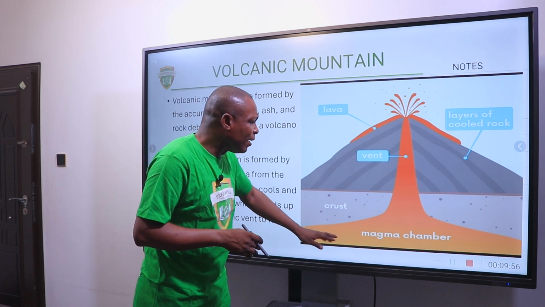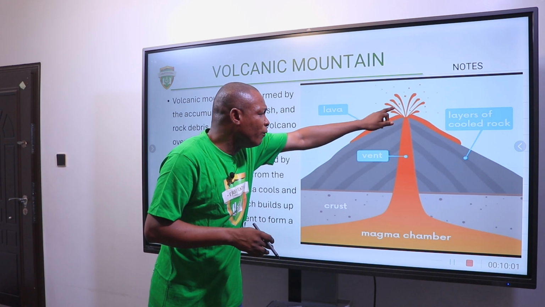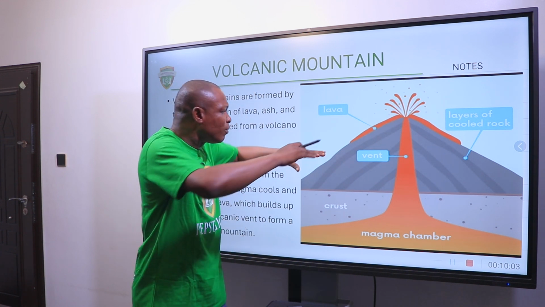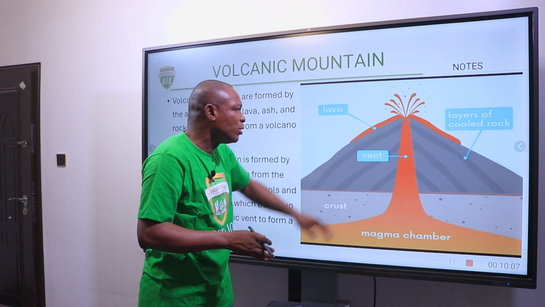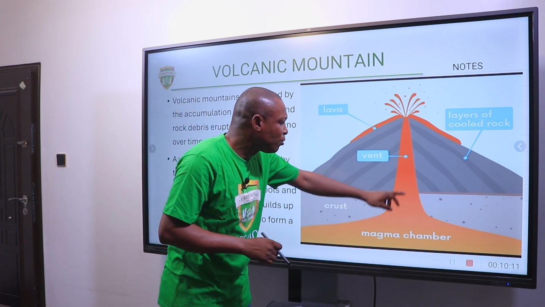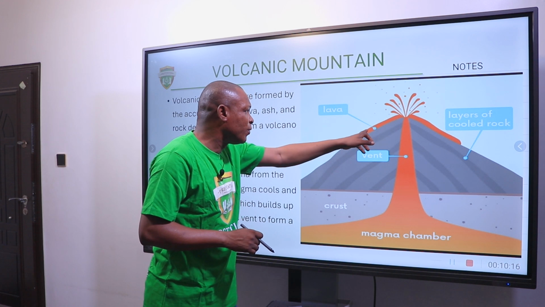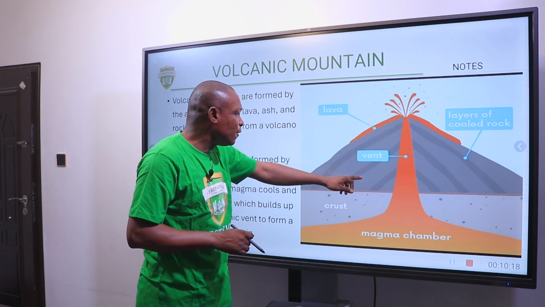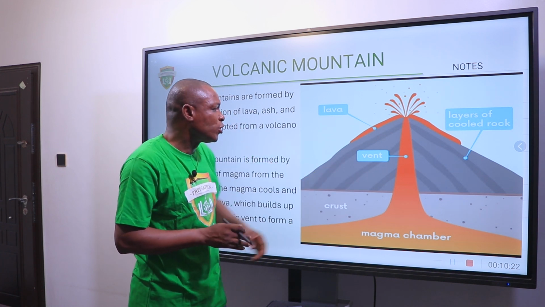When this lava finds its way to the surface of the earth, it will cool down and then form what we call the volcanic mountain. These are the lavas coming out from deep beneath the earth's crust to the surface. From this, you can see other layers of the lava that have cooled down and solidified.